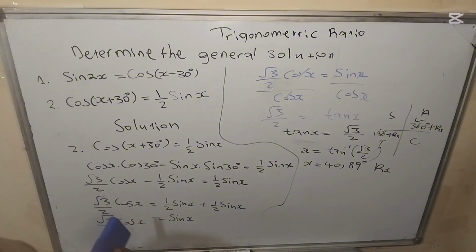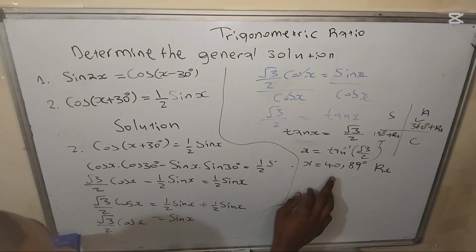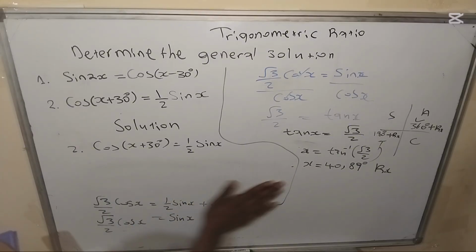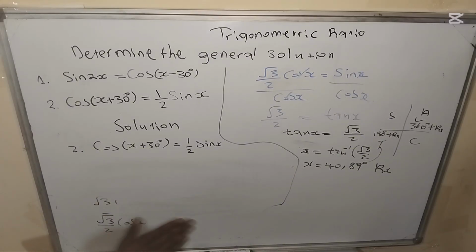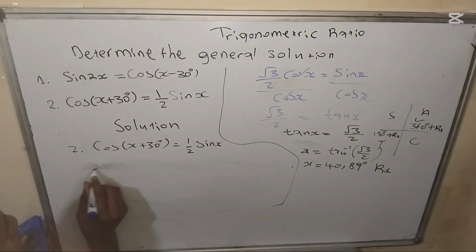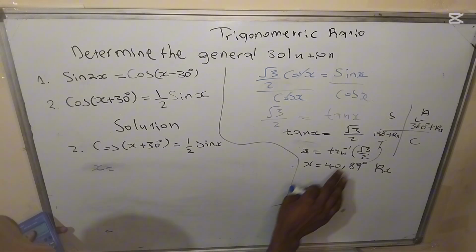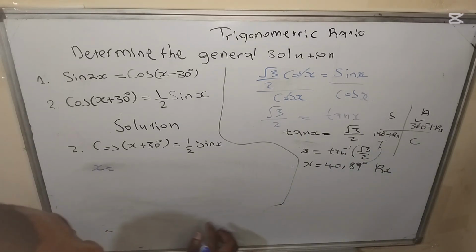Then let's find the values of our general solution for x equal to 40,89 degrees.